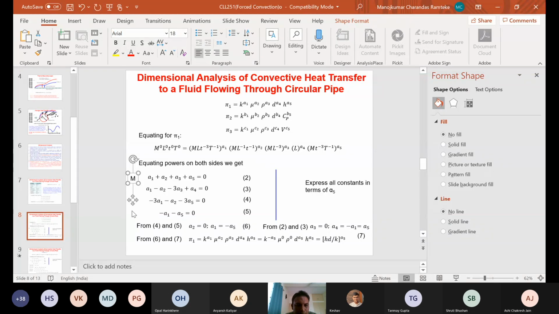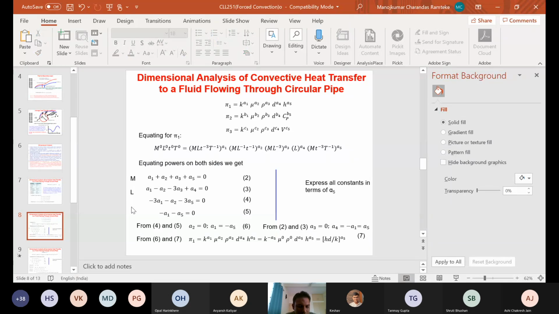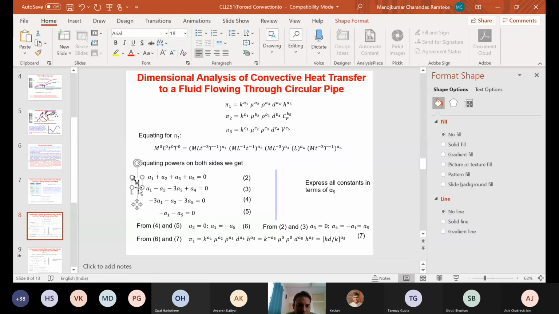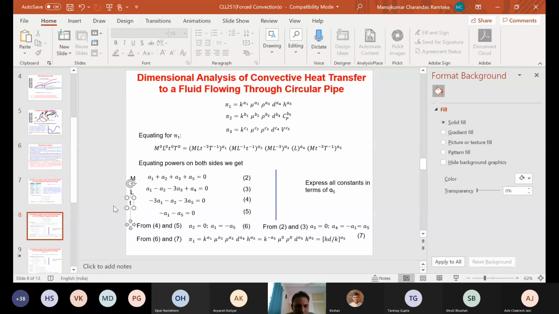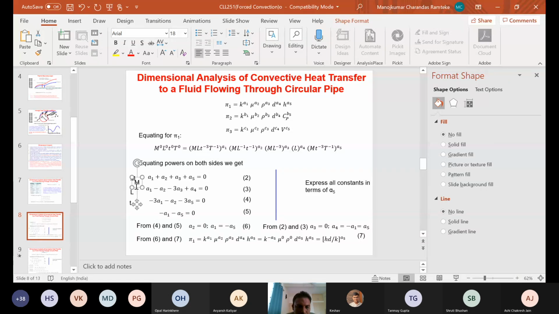This is for M. This is for L. This is for T. And the last is for capital T. Is it clear to everyone how we got these equations?